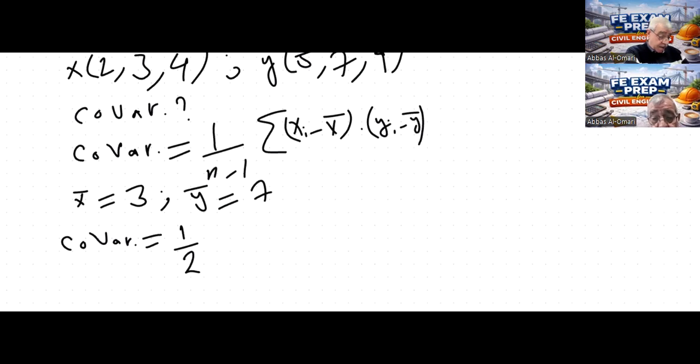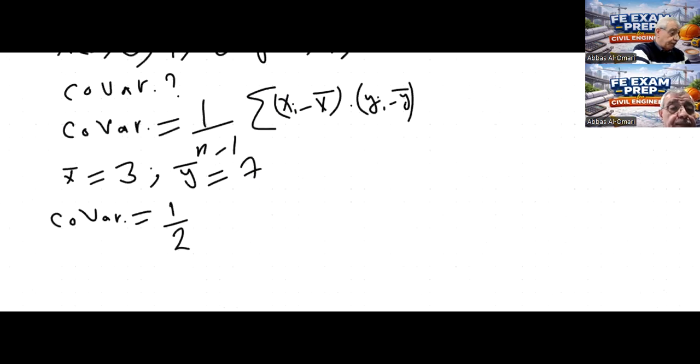The first x value is 2 minus x bar, which is 3, so 2 minus 3 is minus 1, multiplied by yi, which is 5, minus y bar, which is 7, which is minus 2.